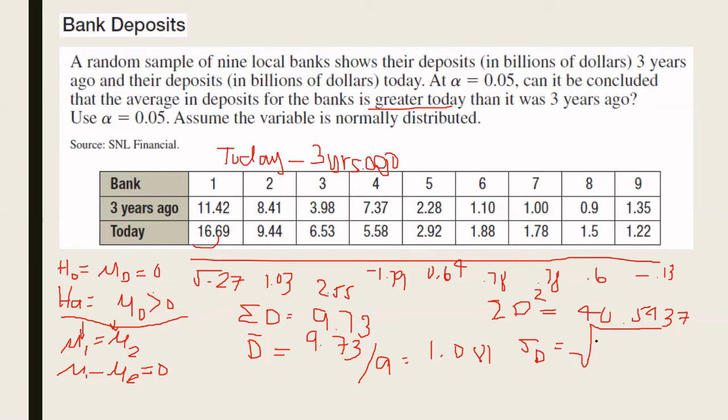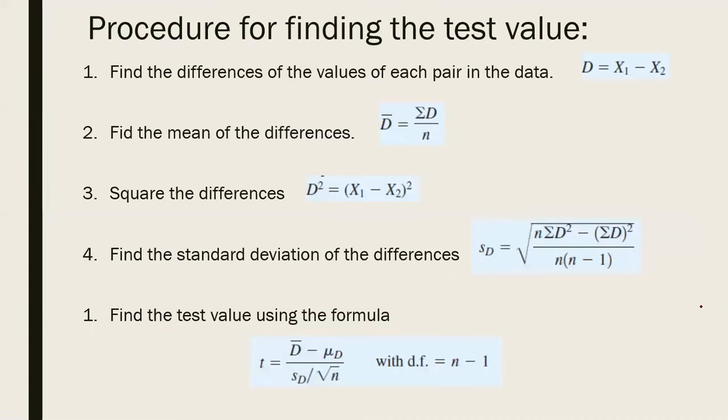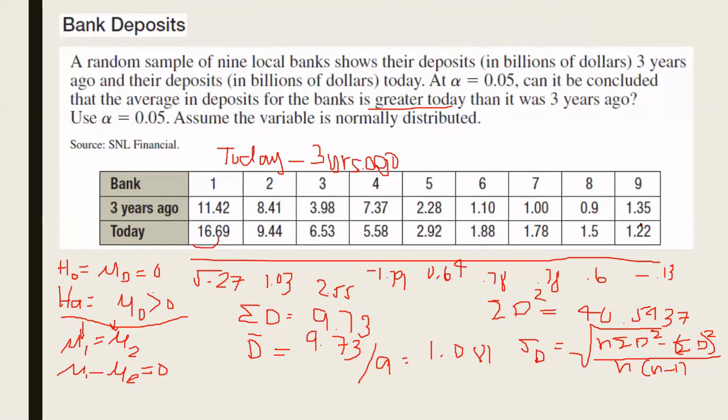So n times summation of d squared minus the square of the summation of d, over n minus 1. Okay. So that is now the formula. Klaro naman yan. So our n is of course 9.